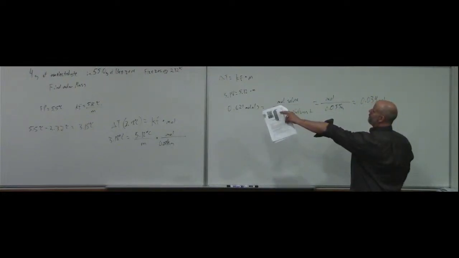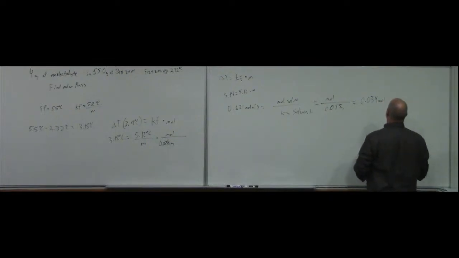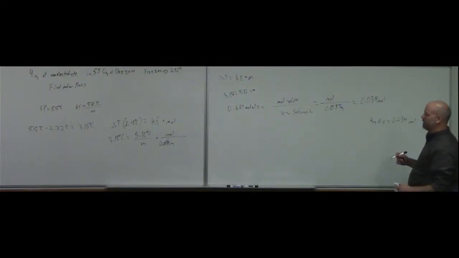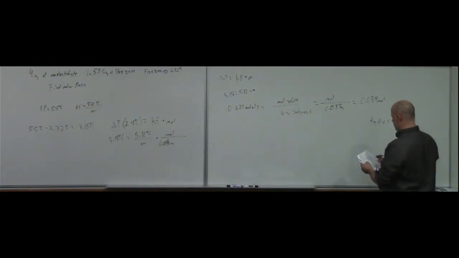I've got 4 grams of X equals 0.034 moles of X, right? So, what do I do? Divide 4 by 0.034, right? And so what do I get there? 117.647.